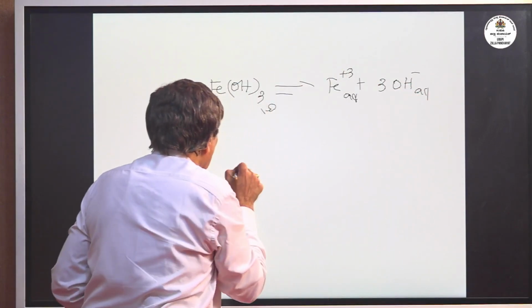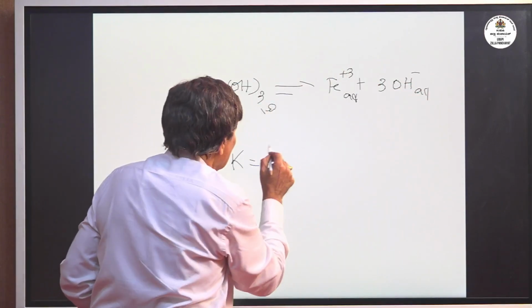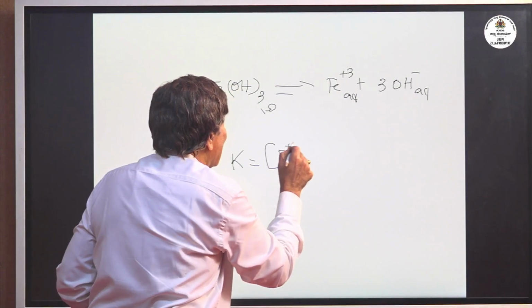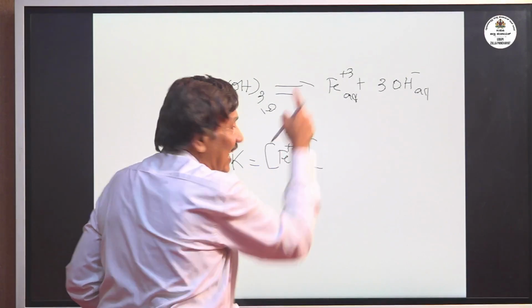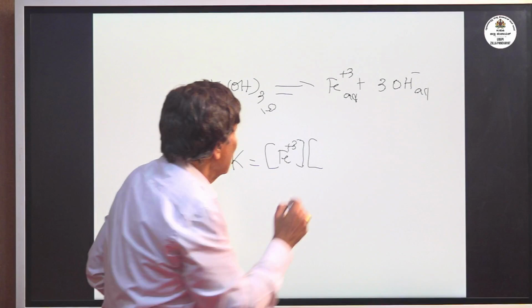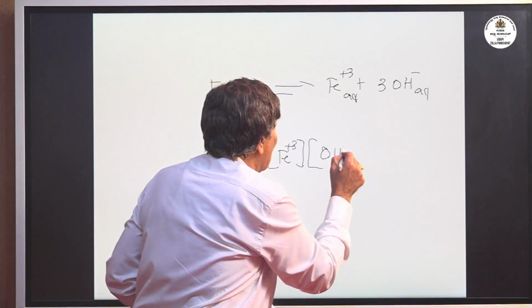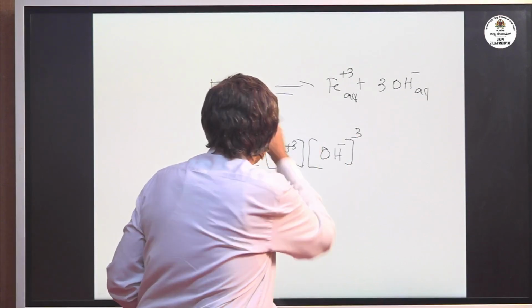How do you write the equilibrium constant? That is the concentration of Fe3+, you need not write any power because it is 1, into the concentration of OH minus to the power 3. The solid you have taken out.